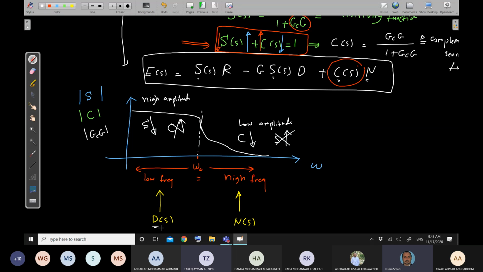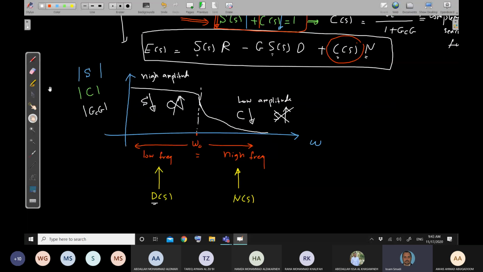And this is how I can achieve disturbance rejection and noise attenuation.